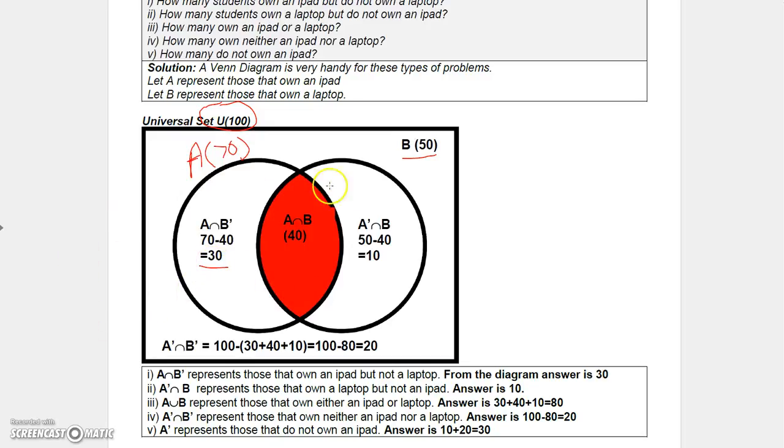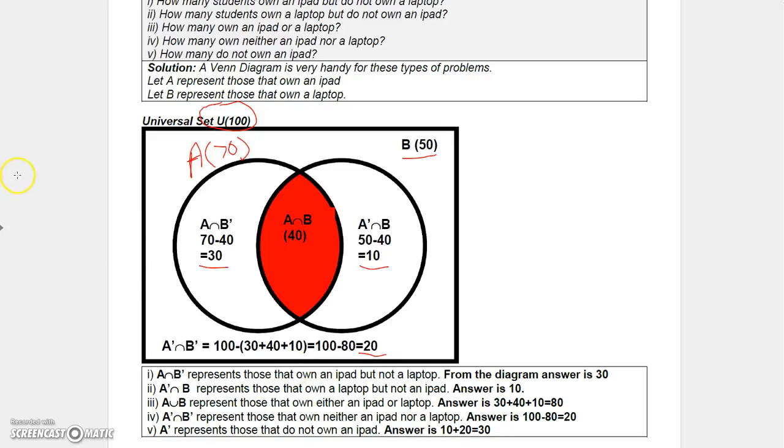Over here, for the ones that don't own an iPad but own a laptop, I take 50 minus 40 and get 10. If you add these up, 30 plus 40 plus 10 adds up to 80, and those 3 sets don't intersect. If you subtract 80 from 100, you get 20 out here that own neither.